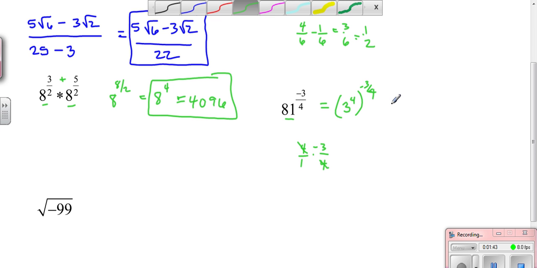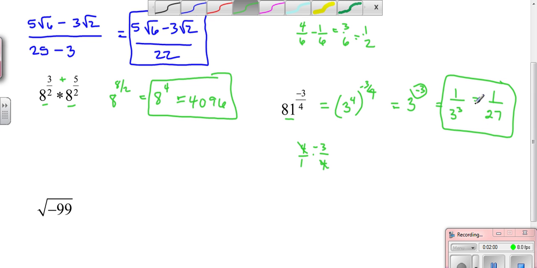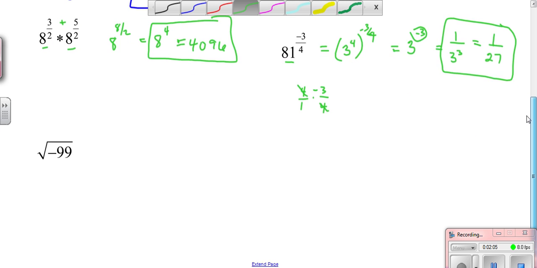These are going to cancel, so you're going to be left with 3 to the minus 3. Well, a negative says, please move me, so I have 1 over 3 cubed, which becomes 1 over 27. But either one of these is an acceptable answer. Just remember, we never leave negative exponents.